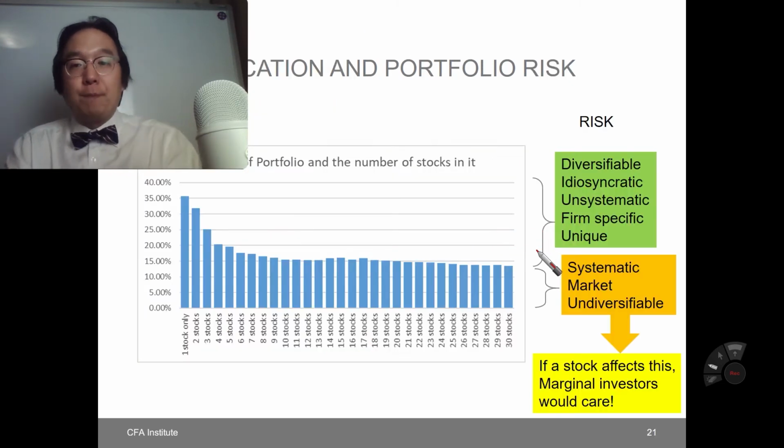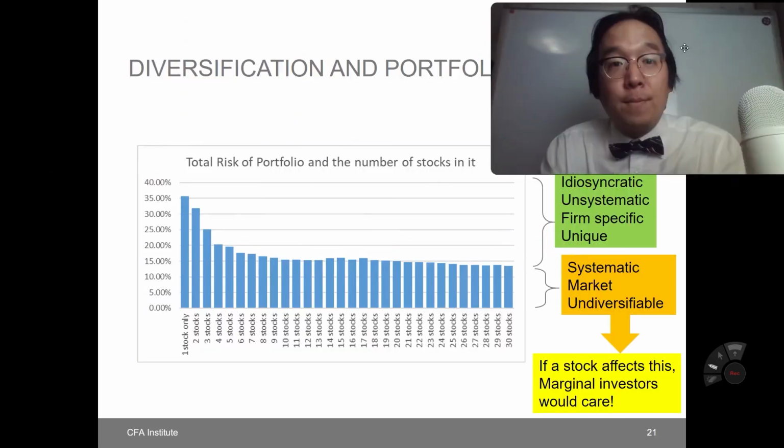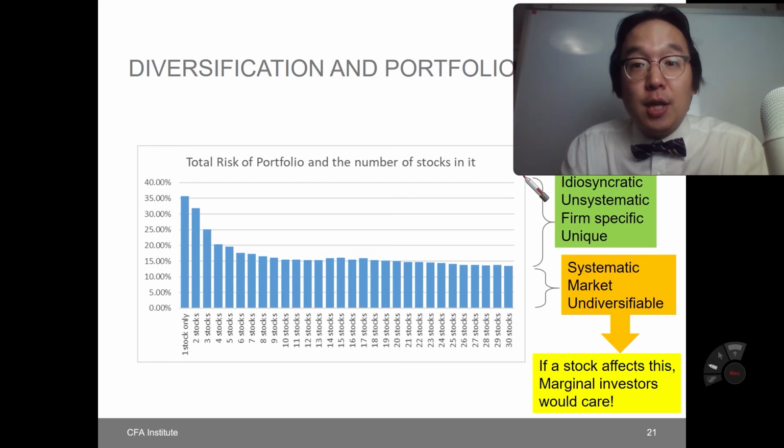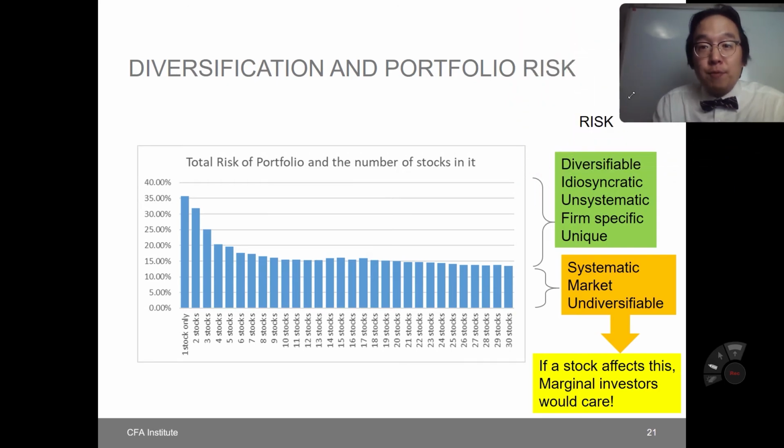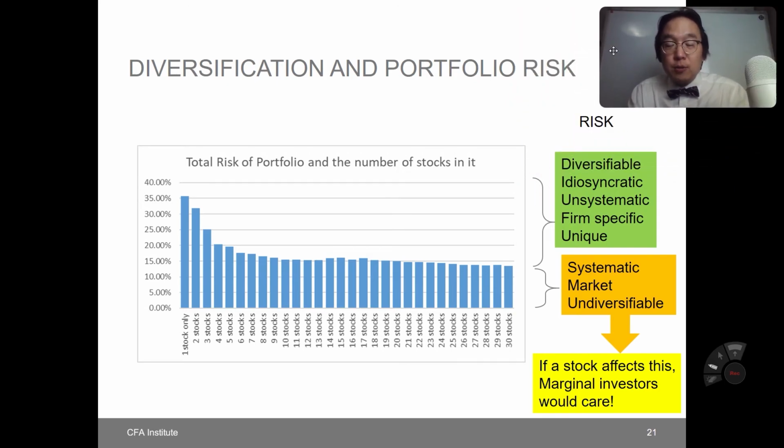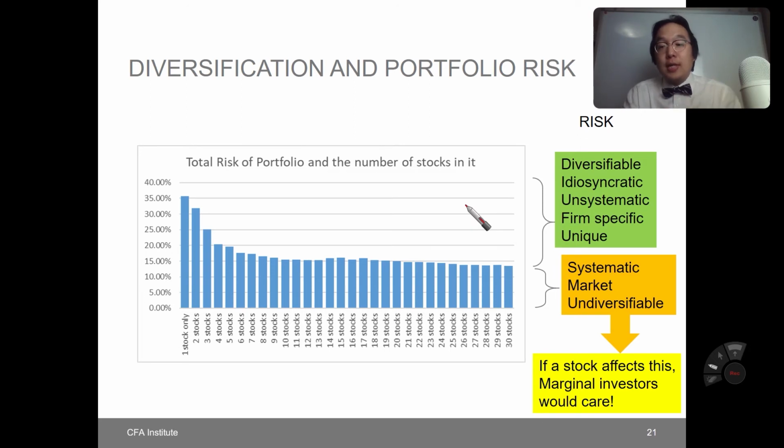Now let's see. Diversification and the portfolio risk is shown over here. Here we are trying to understand KIC's perspective a bit more. What you see on the vertical axis is the total risk of the portfolio, in annualized risk.